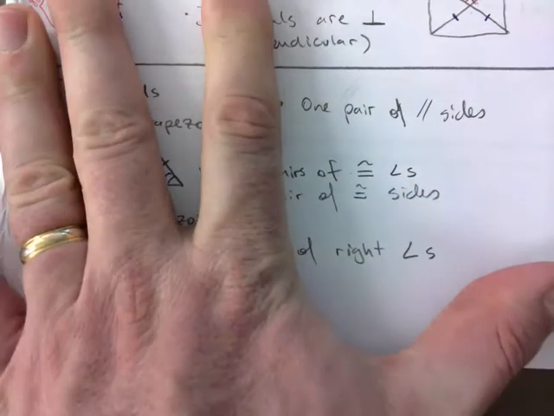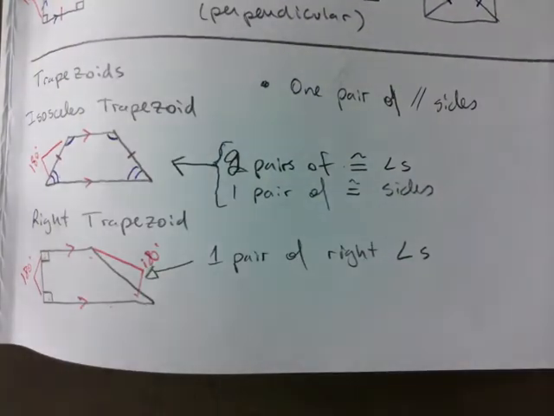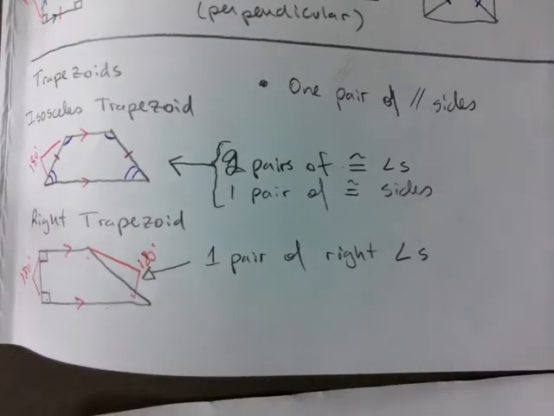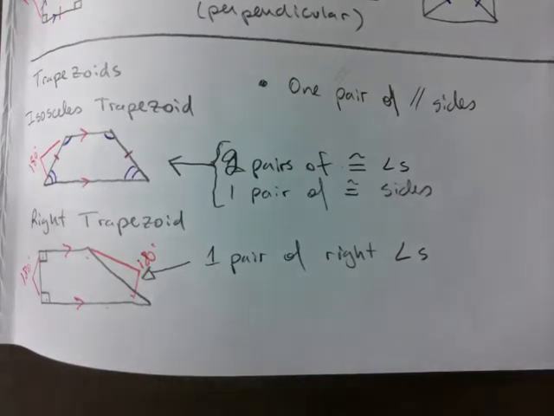Page 190 in your booklets, go to the bottom trapezoids there. Page 190.